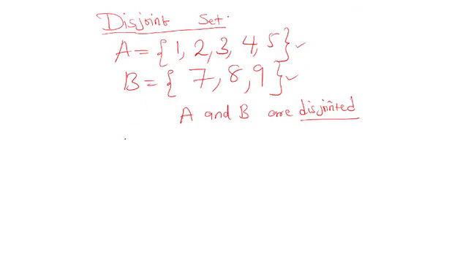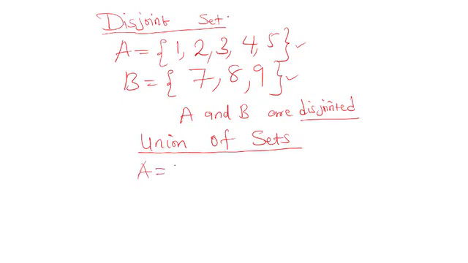Now another one is the union of sets. Now when you talk about union of a set, you're trying to talk about everything that is inside both sets.